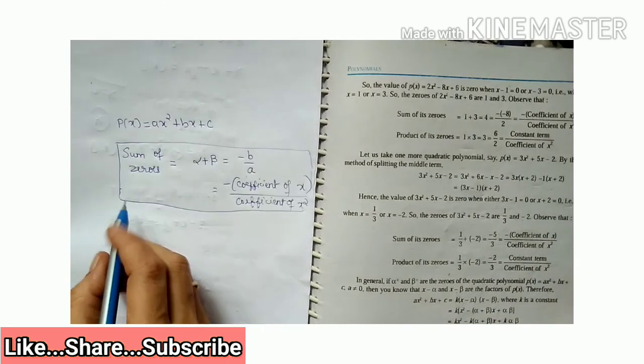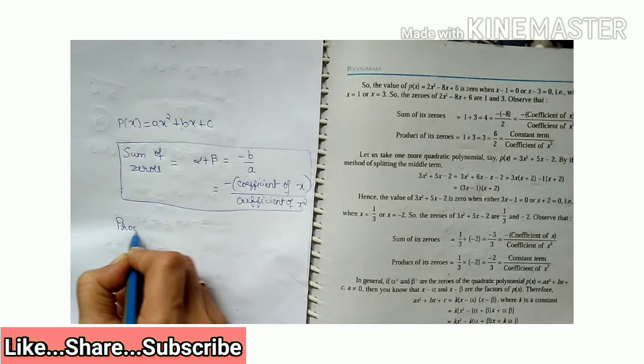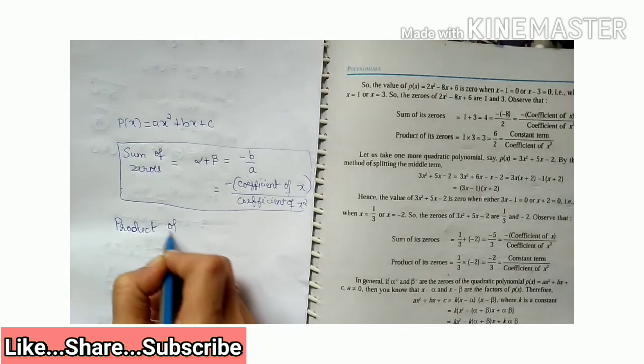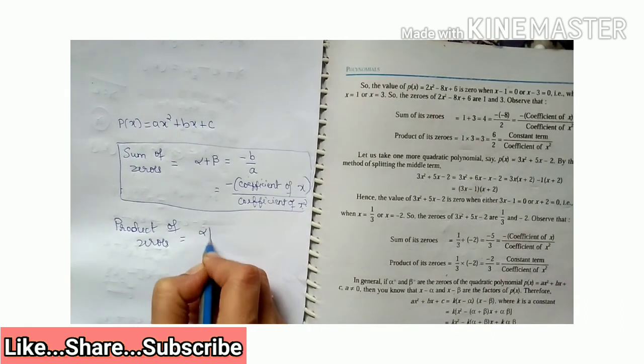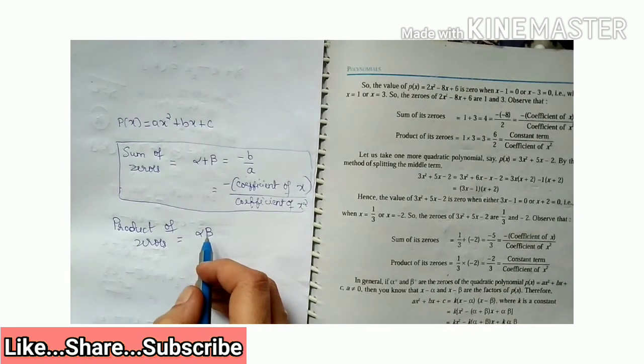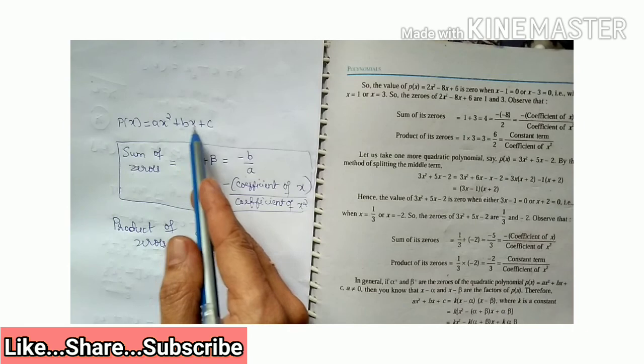One more relation here, product of zeros. Alpha and beta are zeros of the polynomial ax square plus bx plus c.